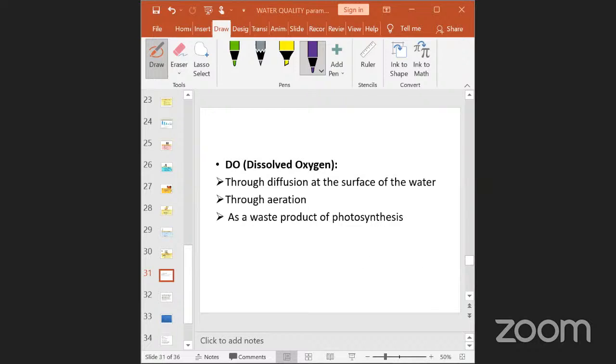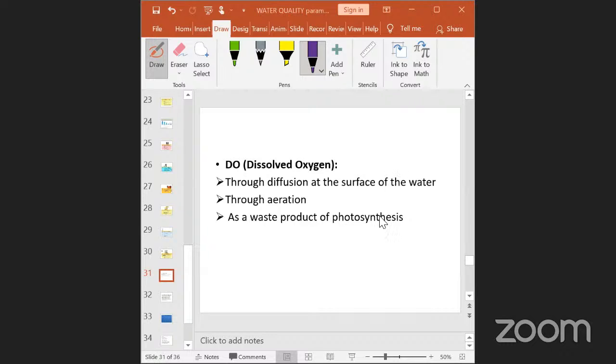The next is DO, which means dissolved oxygen. The presence of organic and inorganic waste in the water decreases the dissolved oxygen content of the water.